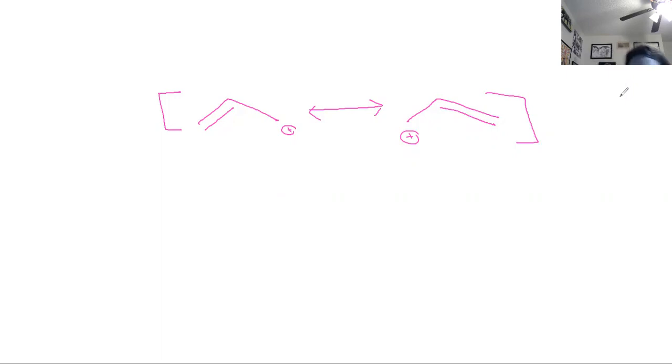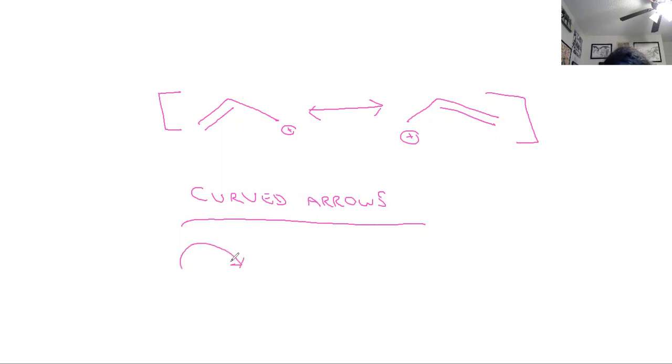What we usually use to draw resonance structures are curved arrows. So a curved arrow consists of a head and a tail. The end is the tail, and the head is with the arrow.